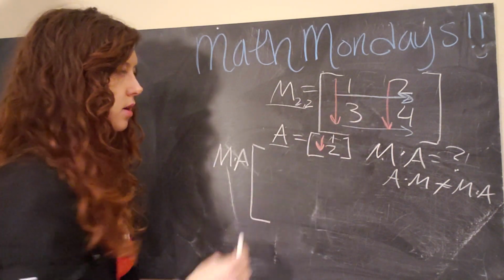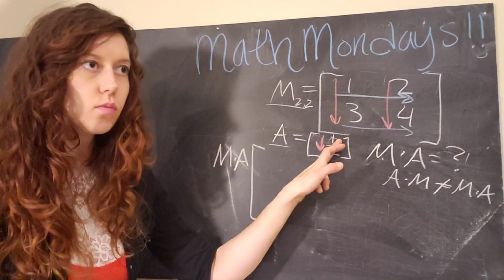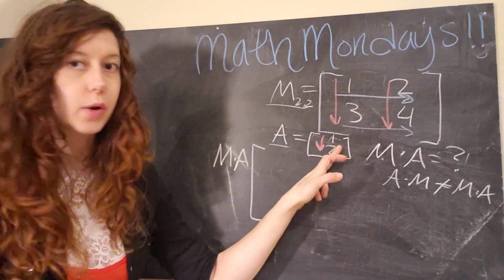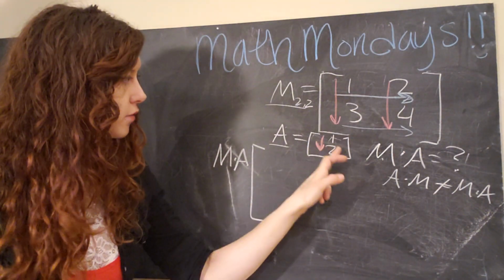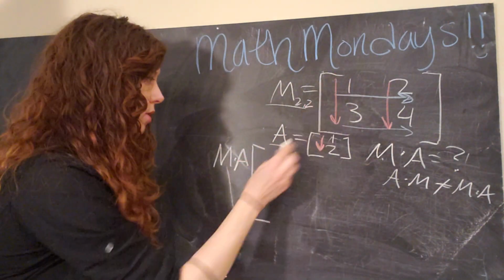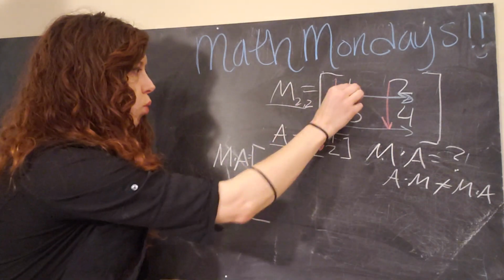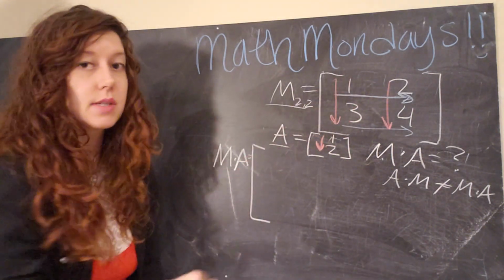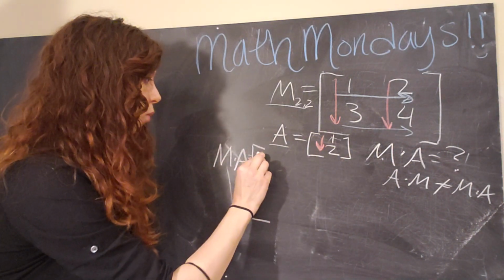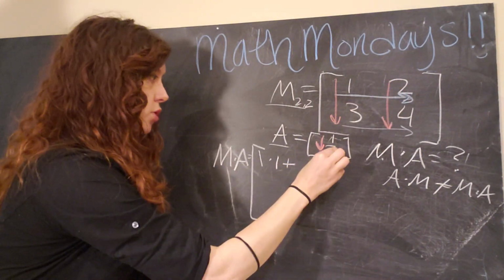So we get 1, well, I guess I should also say 2. You multiply the elements in the row with the corresponding elements in the column. In this case, we only have 2. And then you add them together. So we do that by, what it looks like is this. There's a little equal sign there. So we do the first element in the first row times the first element in the first column, which is 1 times 1 plus 2 times 2.